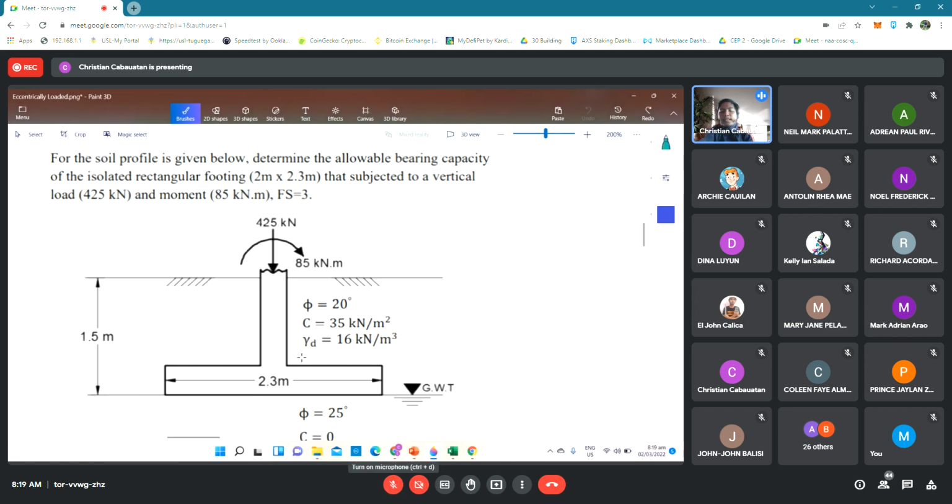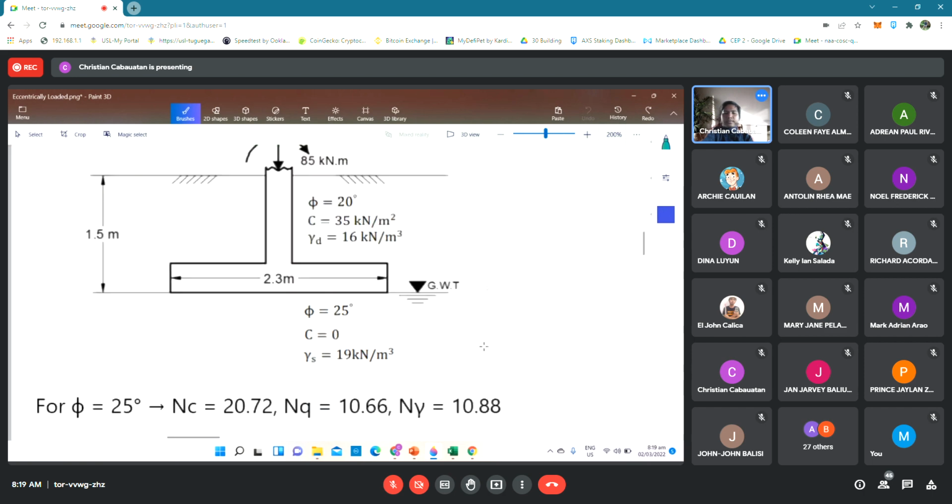So kapag hindi naman po na sinabi sa problem, and you can see in the figure the dimension for the length of the footing is 2.3, therefore it is clearly stated na ang ating gagamitin, the eccentricity is in the axis of the L direction.